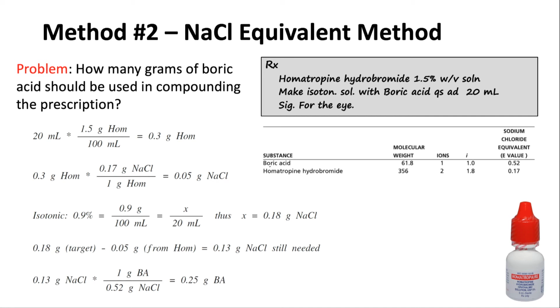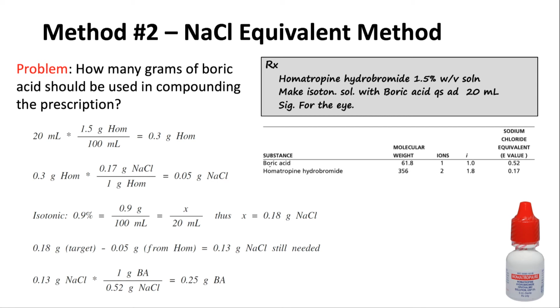So let's start with the 0.13 grams of sodium chloride and multiply it by the E value for boric acid, but expressed as 1 gram of boric acid in the numerator over 0.52 grams of sodium chloride. That way the units of sodium chloride cancel, and I get my final answer in grams of boric acid. So if I take my 0.13 grams times 1 divided by 0.52, my number ends up being 0.25, and that represents grams of boric acid.